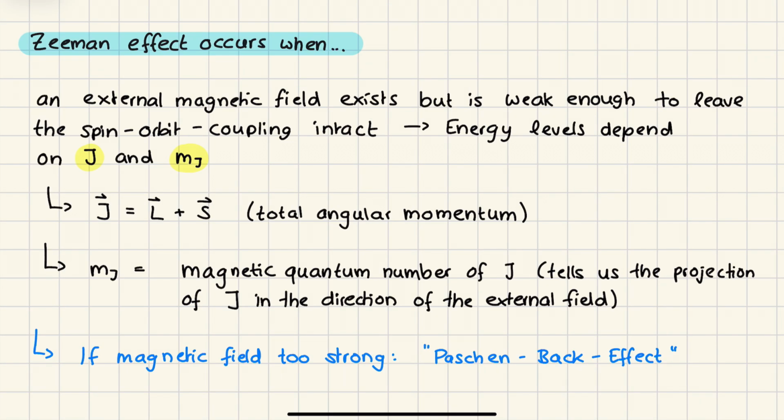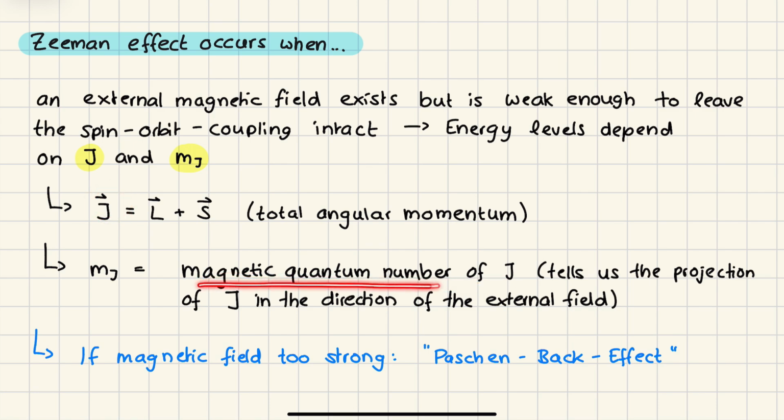The Zeeman effect occurs when an external magnetic field exists, but is weak enough to leave the spin-orbit coupling intact. Spin-orbit coupling means that the angular momentum L and the spin are coupled into the total angular momentum J. When that is the case, the energy levels depend on the quantum numbers J and Mj, with Mj being the magnetic quantum number of this total angular momentum.